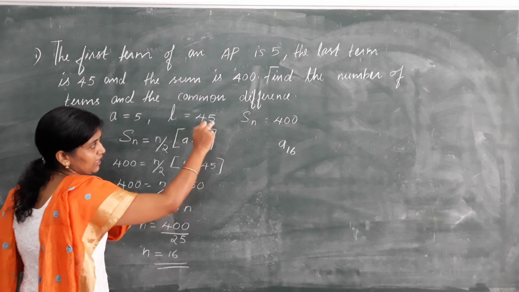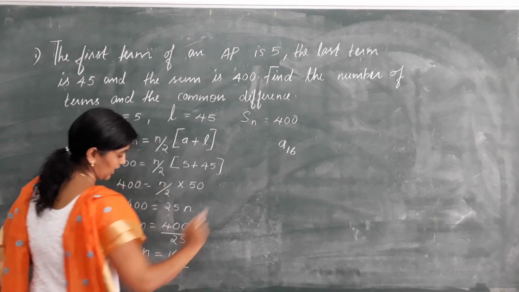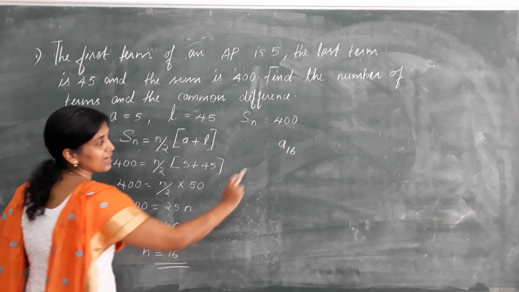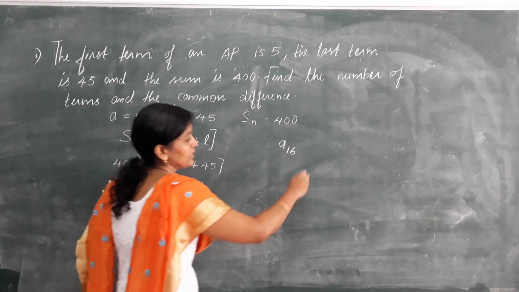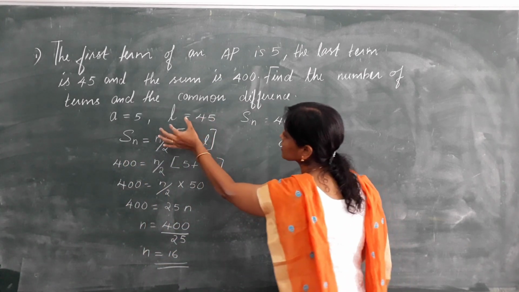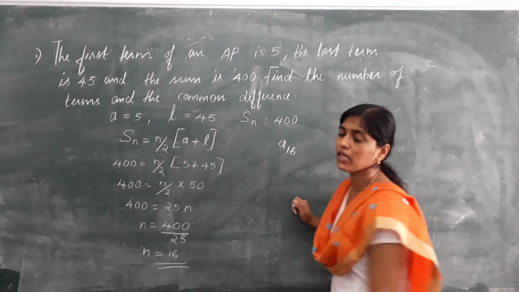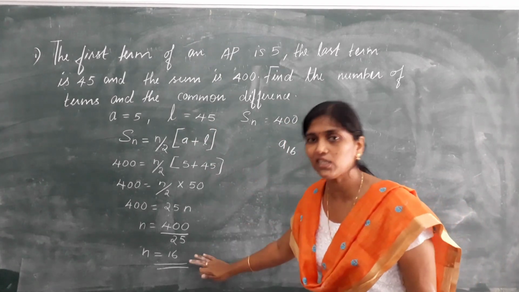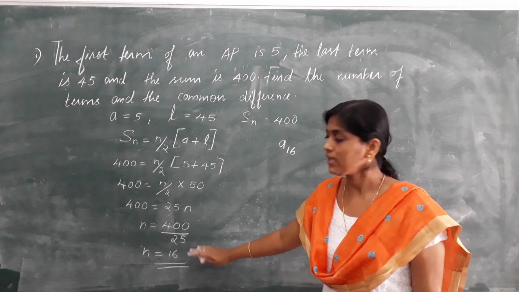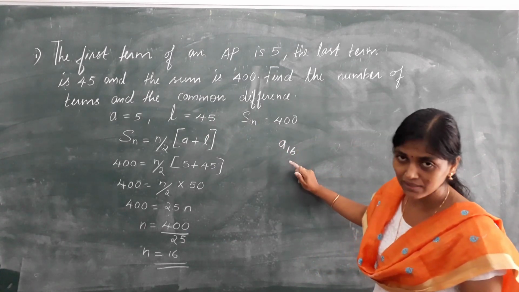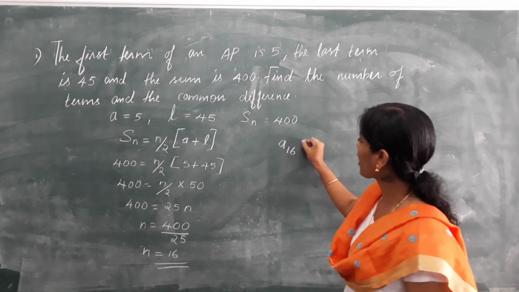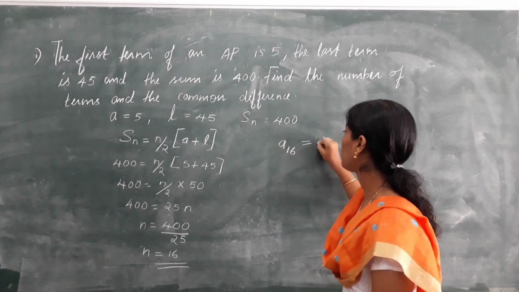So, the last term will be the 16th term, which is represented as a16. So, you can take a16 is equal to 45.